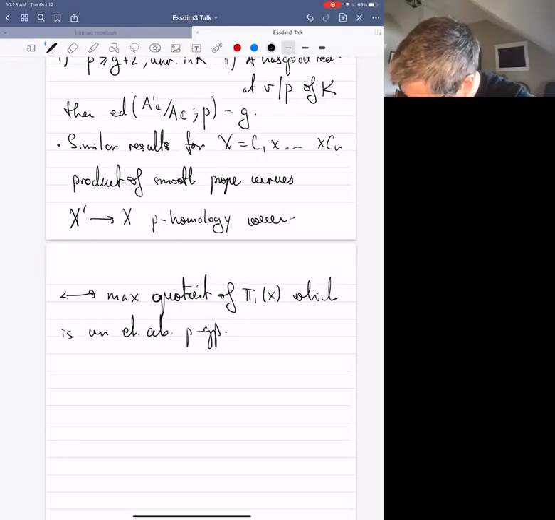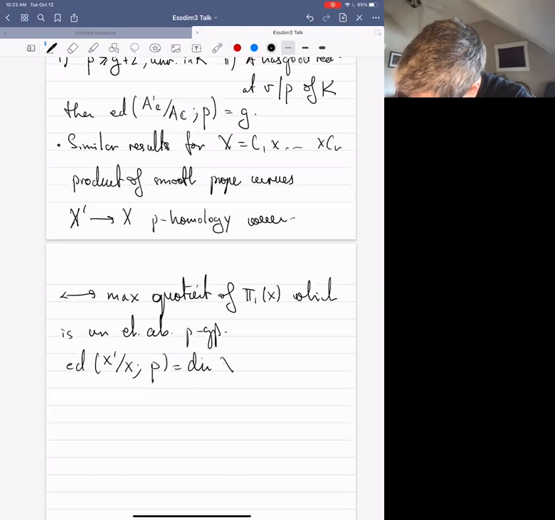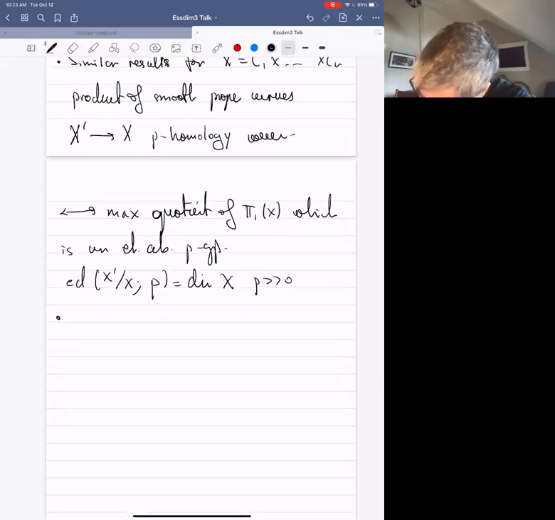And then the statement is again that this is P incompressible if P is sufficiently large, in a way that can be made somewhat explicit. And this can also be applied, by a more indirect argument, to certain congruence covers.